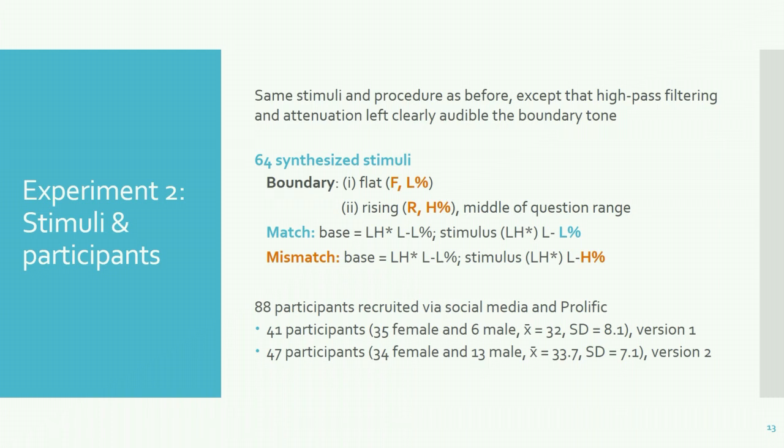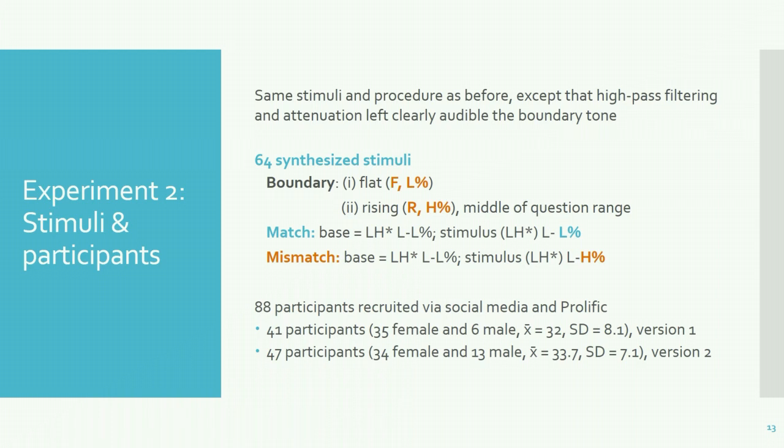We started again with 32 base sentences, and we manipulated them with respect to the boundary tone. We either had the tune ending flat with a low boundary tone, or the tune ending with a rising tune in a high boundary tone. In the case of the high boundary tone, we set it at the middle of the question range.